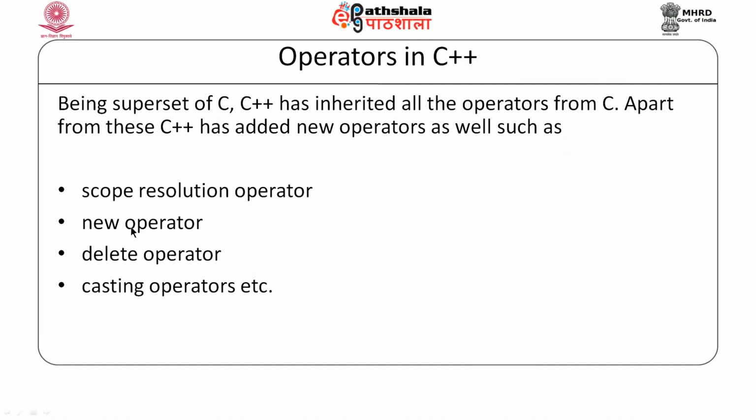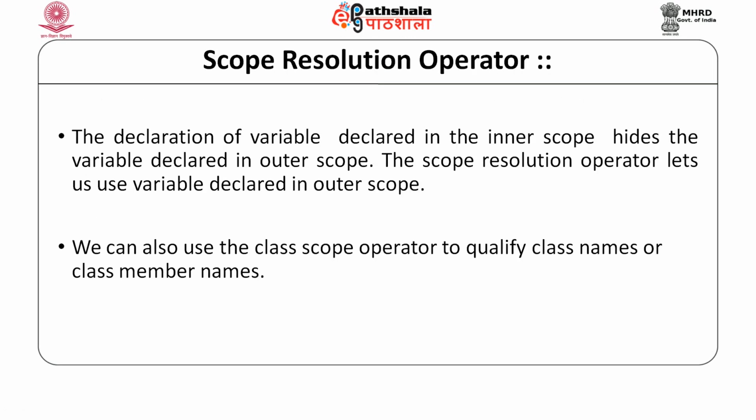First of all, let us see what is scope resolution operator. The use of the scope resolution operator is that whenever the declaration of a variable declared in the inner scope hides the variable declared in the outer scope, the scope resolution operator lets us use the variable declared in the outer scope. We can also use scope resolution operator for a class to qualify the class name or to qualify the class member names.